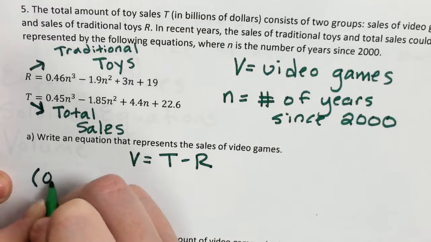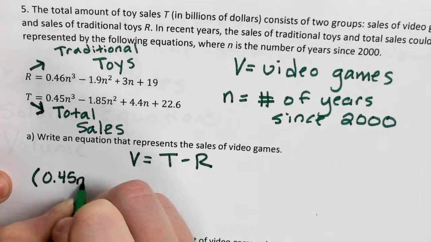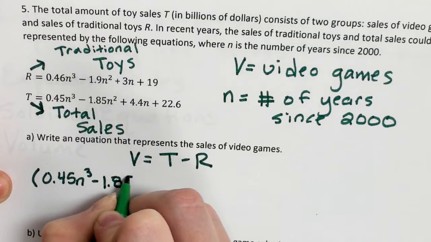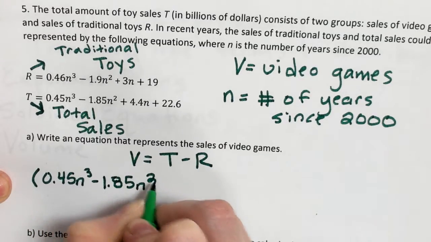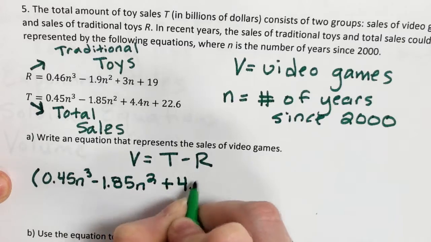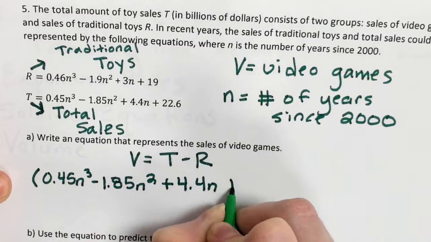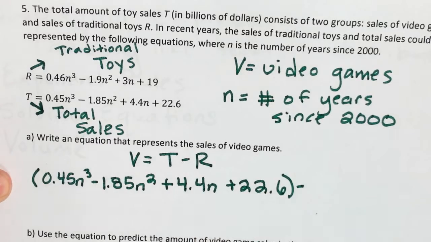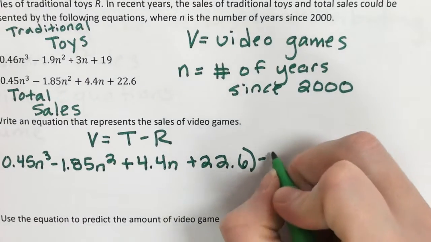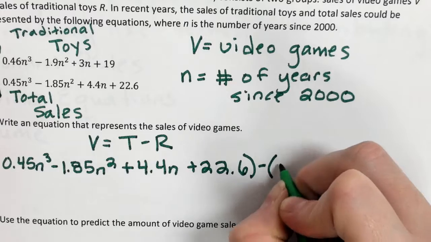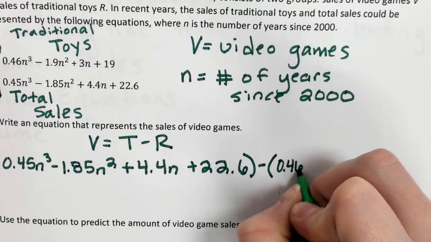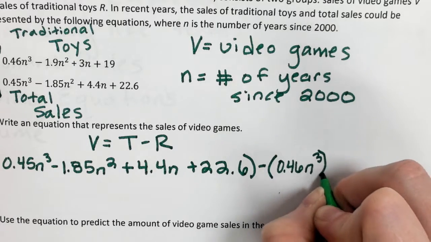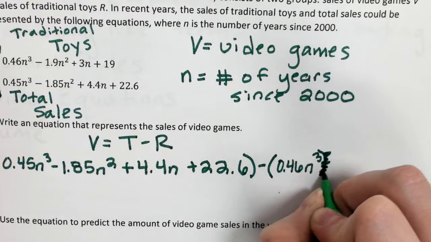Okay, so I'm going to have 0.45n cubed. Oops, see, I didn't mean to put this parenthesis here.